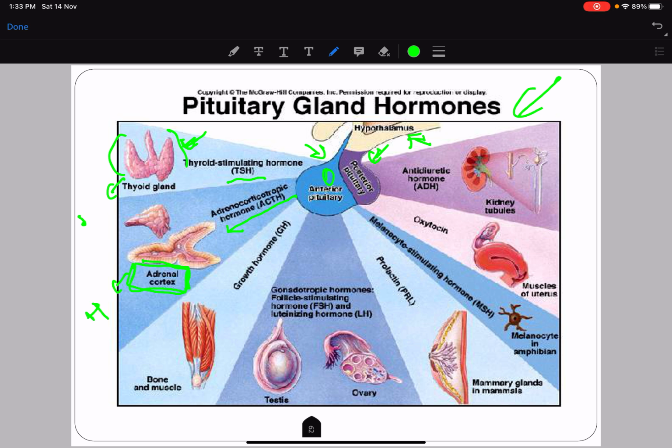The anterior pituitary is also able to secrete GH, growth hormone. Once secreted, growth hormone travels through the blood to the bone and muscle, and its action is growth of the bone and muscle.